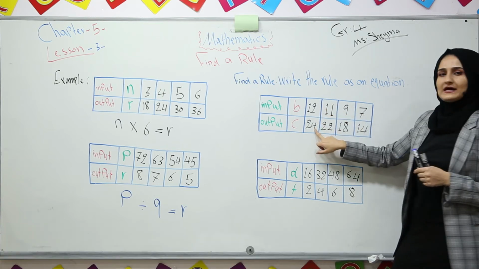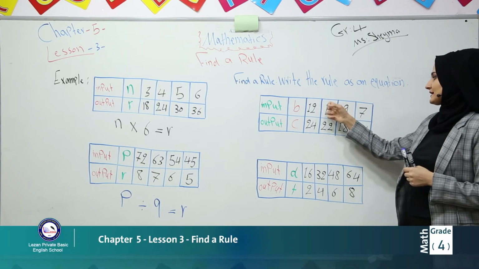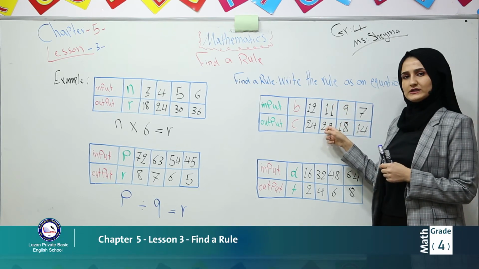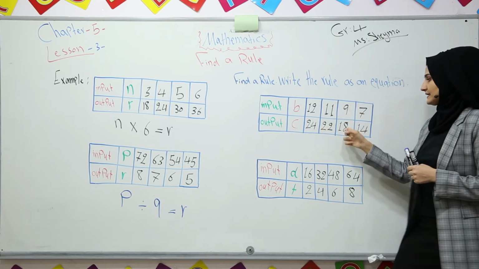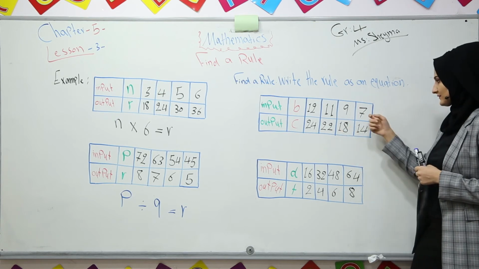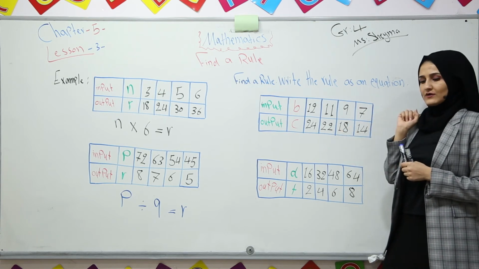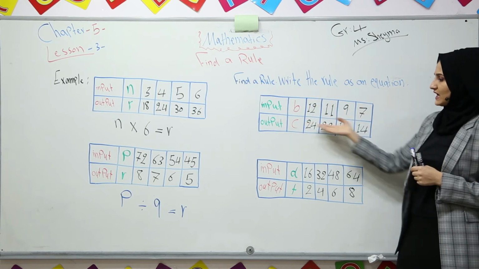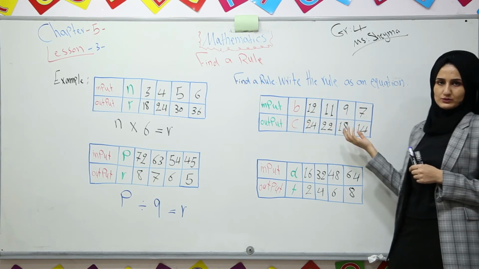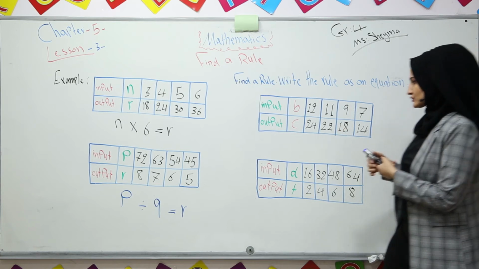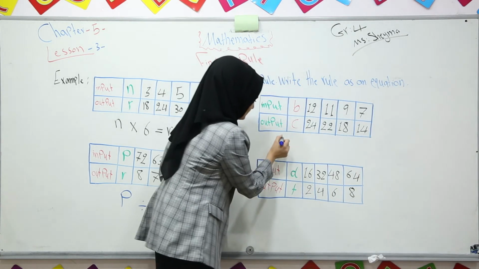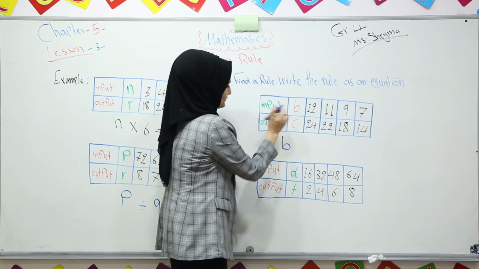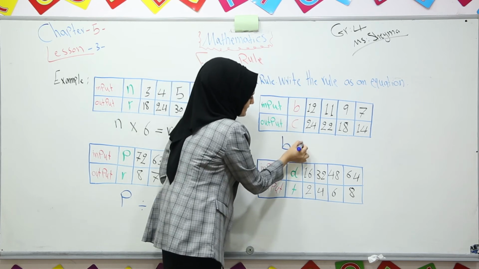12 is less than 24, 11 less than 22, 9 less than 18, 7 less than 14. So if the input number is less than the output number, we'll use what? We'll use multiply. So B, our input number represented by B, times.